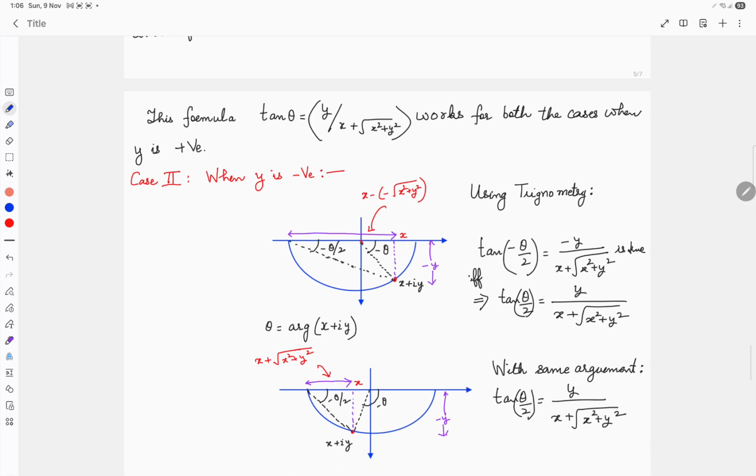When it is in the third quadrant or the fourth quadrant, in this case only the value of y will change, either minus y or plus y, but the same function will give me the value of theta, right?